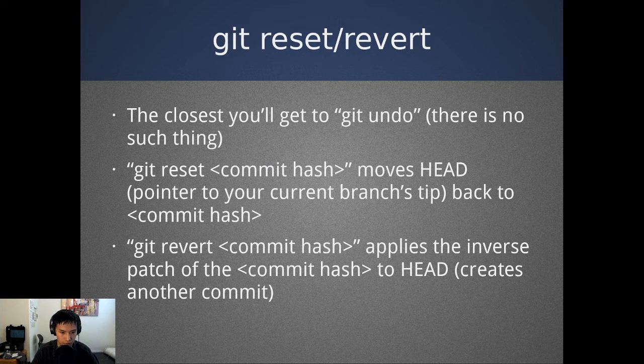So if you have a series of 4 commits and you reset to the second commit, then as far as where your head is, the third and fourth commits don't exist. They still exist in the Git history, but you can't see them, because your current commit doesn't have a pointer going forwards to the next commit. It only has the pointer backwards to the previous commits.